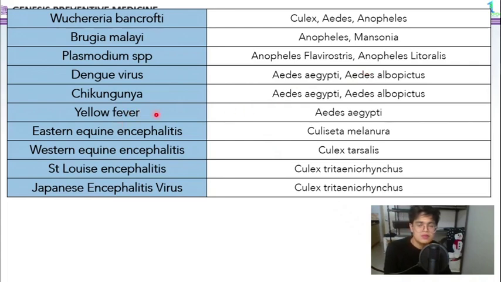Yellow fever virus, Aedes aegypti, and the encephalitis syndromes, EEE, WEE, and St. Louis encephalitis, more in the Western world, Culiseta melanura, Culex tarsalis, Culex tritaeniorhynchus respectively, and JEV, Japanese encephalitis virus, transmitted by the Culex tritaeniorhynchus mosquito. So that's the mosquito cheat sheet. Okay? Take note. Probably worth 1 point in the exam.